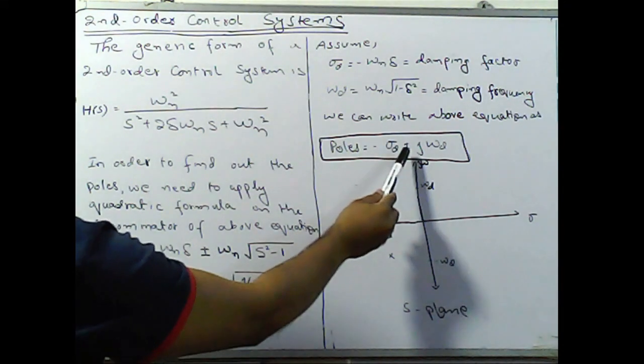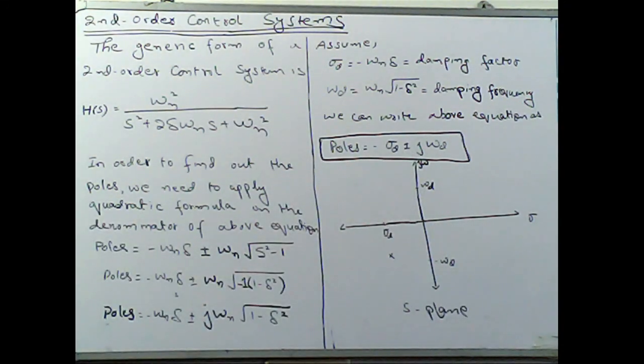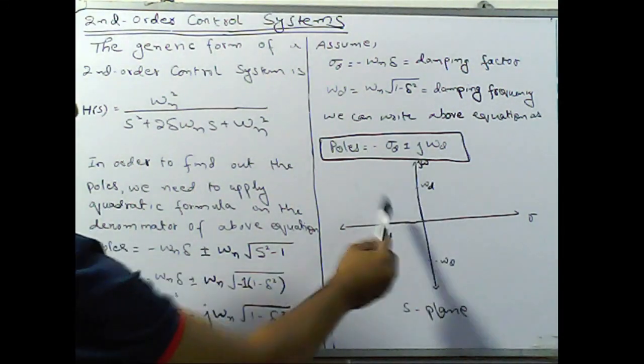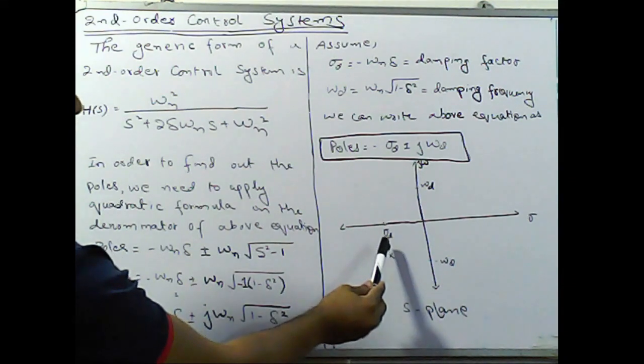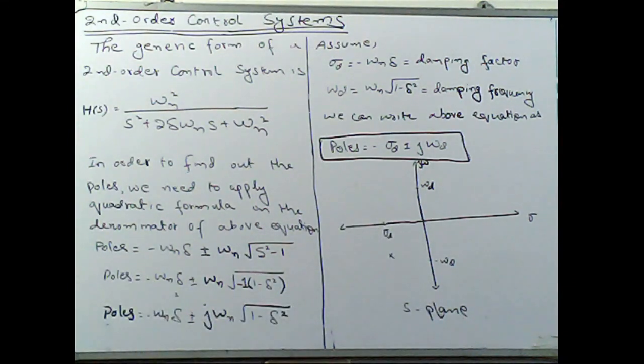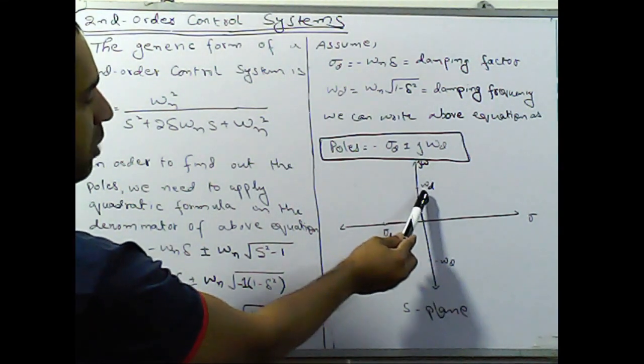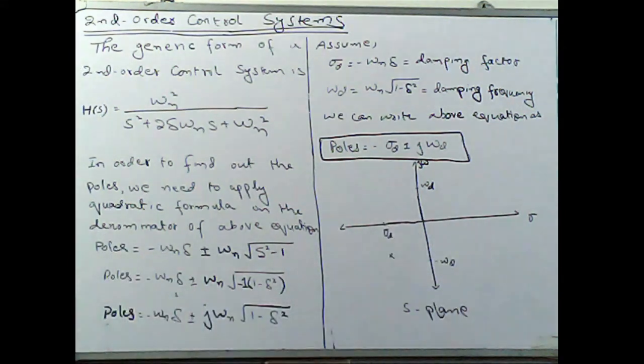One is positive and the other one is negative. So in order to plot these two terms on this S-plane, assume sigma d is any negative number which is located here, and then omega d is any imaginary number, the positive part is located here and the negative part is located here.